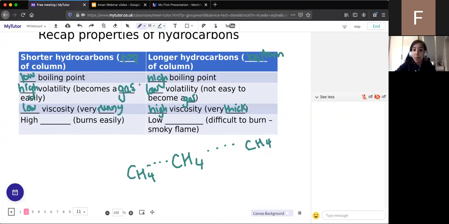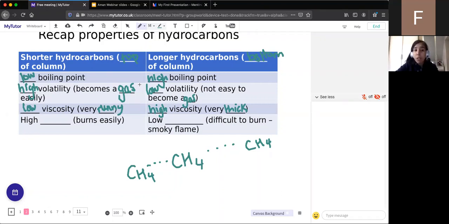In terms of exam questions, they're not that likely to ask you why. They're more likely to ask you for the definition of viscosity and also to be able to compare a shorter hydrocarbon to a longer hydrocarbon. And we did do some exam questions on Monday. So hopefully that's helped to understand what you need to cover. As I said, it's to do with chains, but if you want the official answer, it's essentially to do with the intermolecular forces again.